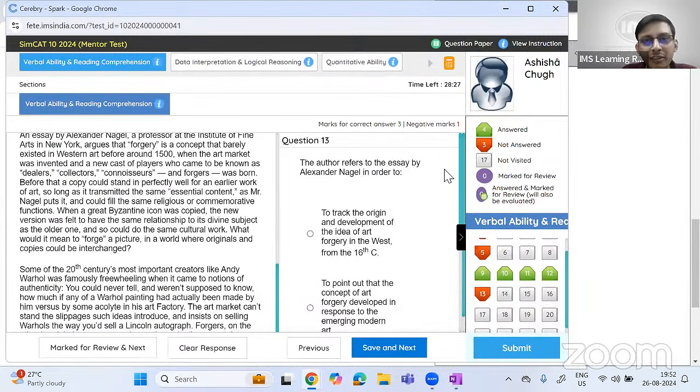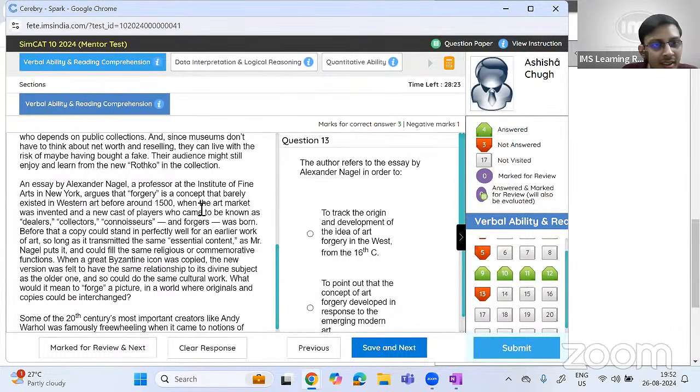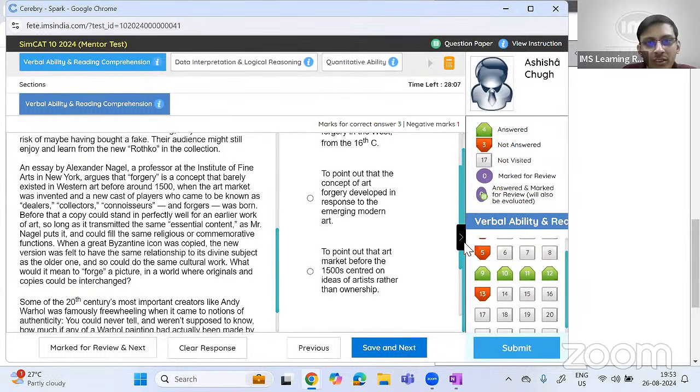Now, the author refers to the essay by Alexander, that's the professor. Okay, it was about the art market before 1500. Option: to track the origin and development of the idea of art forgery in the West. No. From the 16th, no, no, it is about before that period also. To point out the concept of art forgery developed in response to the emerging modern art.